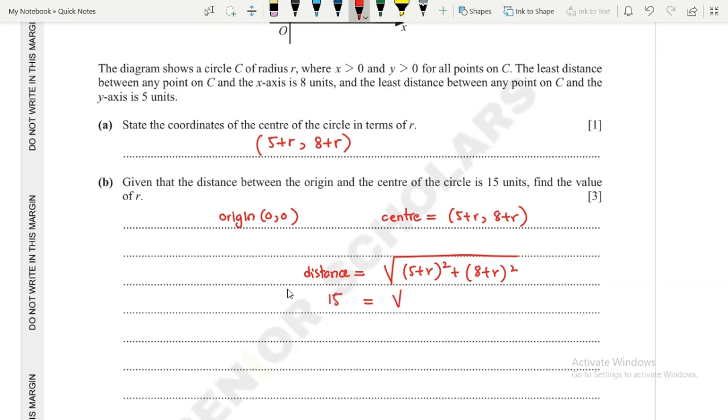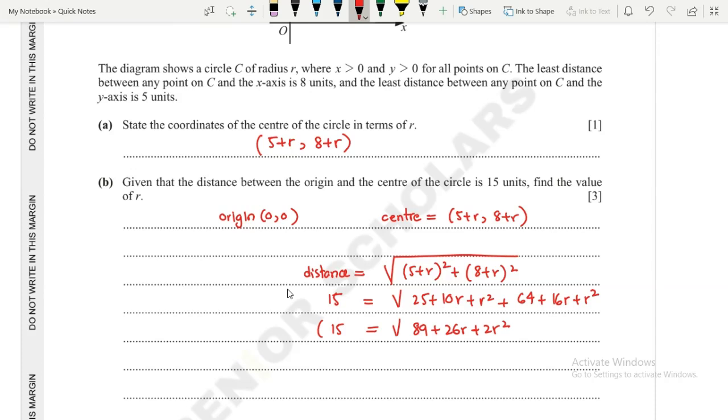This will be the square root of 25 plus 2 into 5, which is 10r, plus r squared, plus 64 plus 16r and plus r squared. This comes out to be the square root of 25 plus 64, which is 89, plus 26r and plus 2r squared.